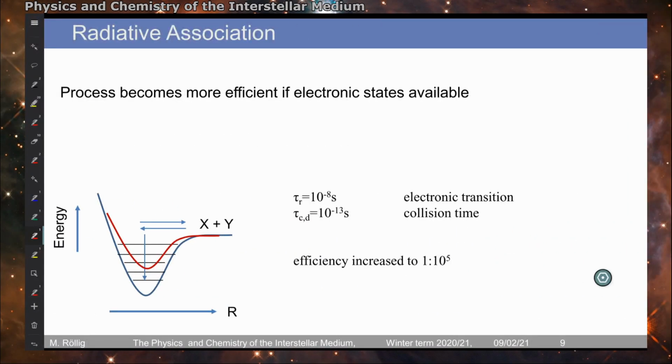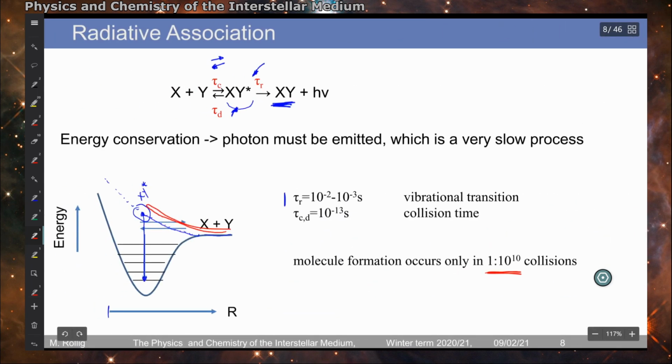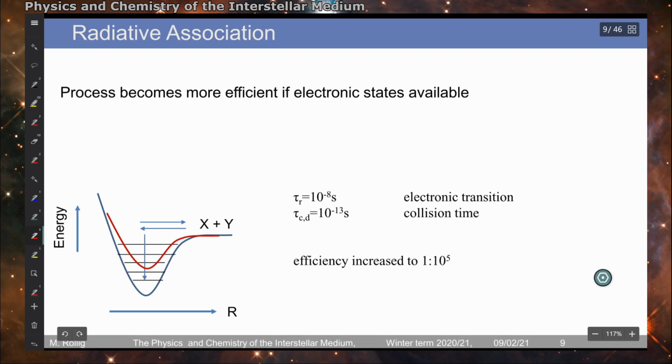This process becomes much more efficient if we have additional energy levels that we can use to, so to speak, park our complex. So we have again this repulsive complex energy surface, the potential between the two separate species.